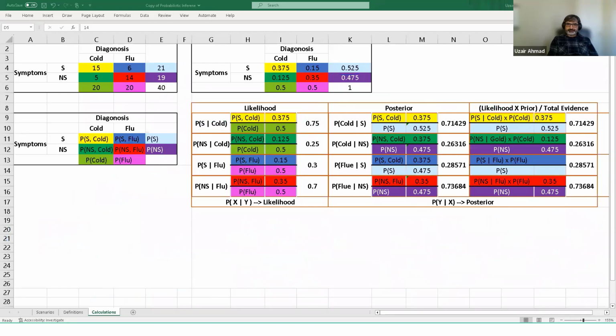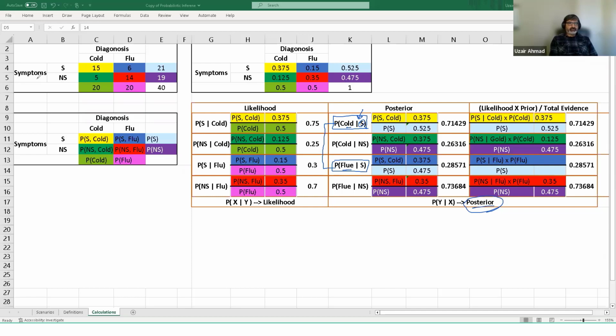All good. Now I'm going to call this probability, where we want to classify somebody who is sneezing, which class it belongs to, cold or flu, right? These two probabilities are our posterior probabilities. We call them posterior because we estimate these probabilities after knowing the fact of symptom.